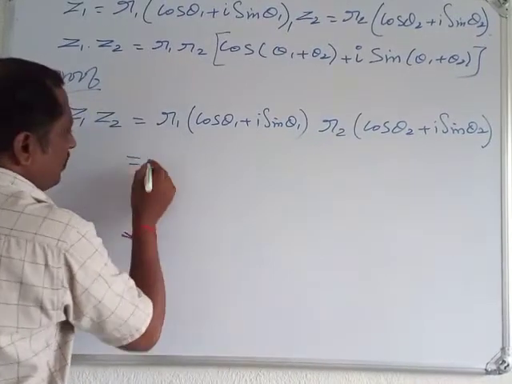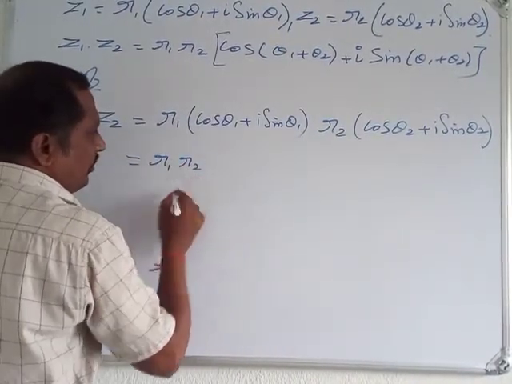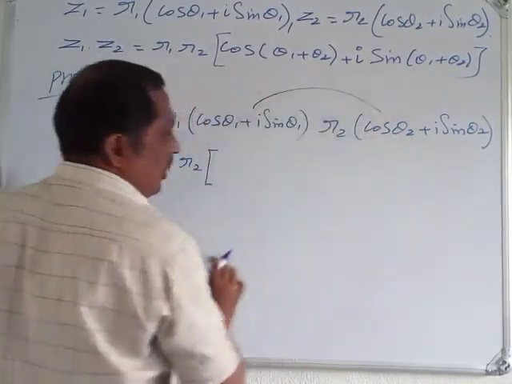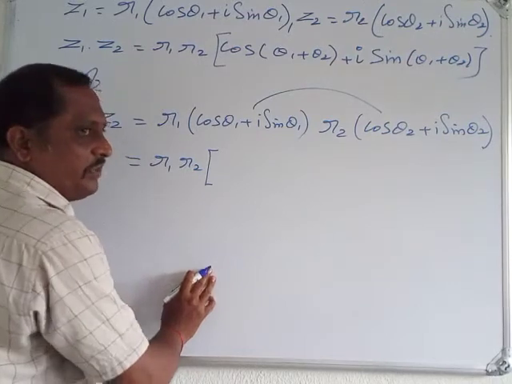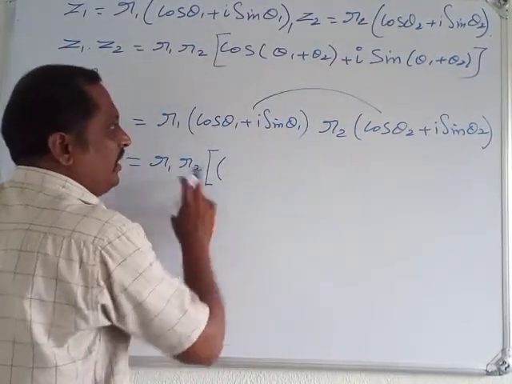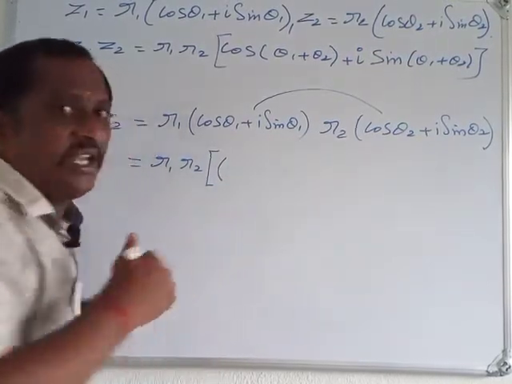So multiplying this, we get r1 r2. These two are in complex format. How to multiply the complex numbers? First you have to calculate the real part. Real into real, imaginary into imaginary, we get the real part.